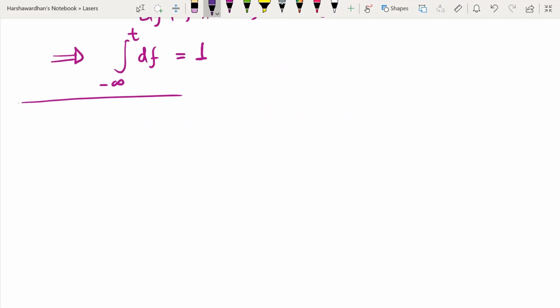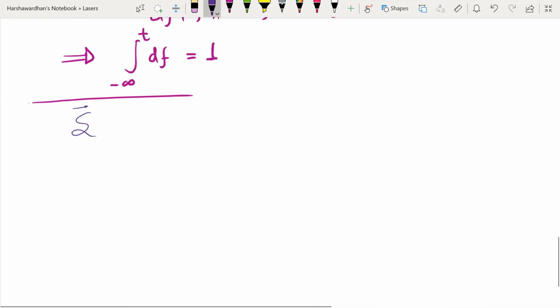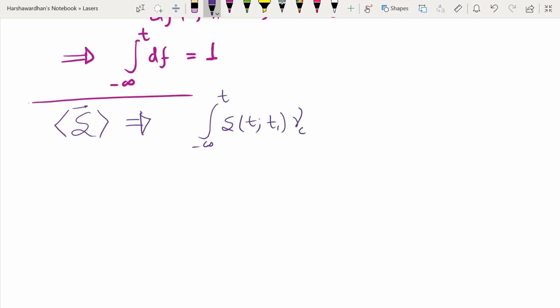So let us come back to my complex displacement S. What I'm going to do is look at the complex displacement which is sort of an averaged complex displacement. That is, I'm going to define this as the average from minus infinity to t of S of t, gamma c, which is my df, f of t comma t1.